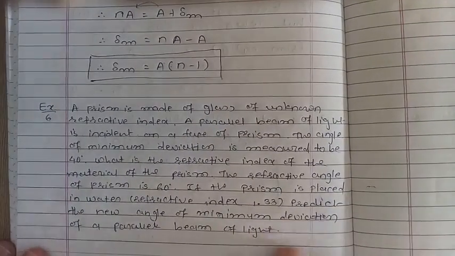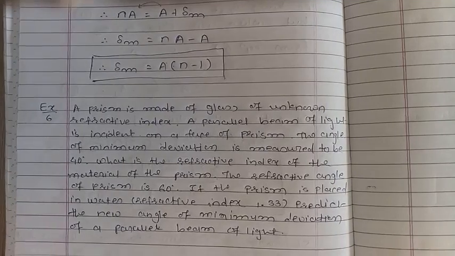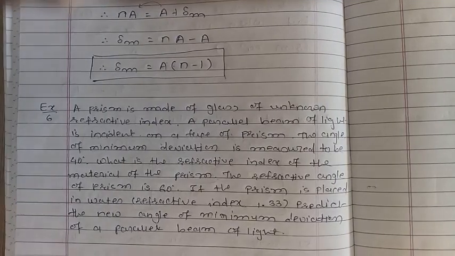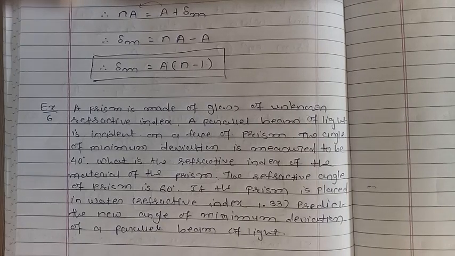Yesterday I already said you have to remember this formula. Once again I repeat, i plus e is equal to A plus del, n21 is equal to sin((A plus del m)/2) upon sin(A/2), and del m is equal to A into (n21 minus 1).